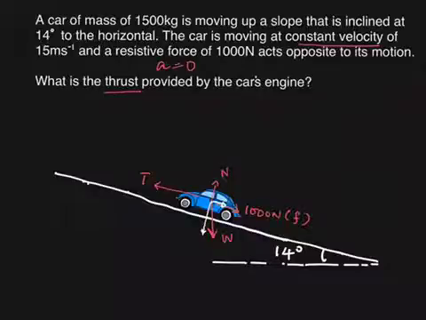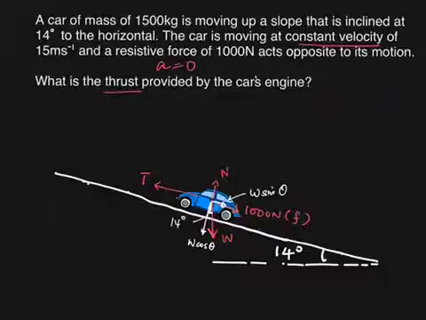Do note that this angle, if you do your trigonometry, is the same as the angle of inclination, which is 14 degrees. And if you get your trigonometry right, the component here is W cos theta, and the component here is W sin theta. So, what we have here are the components of weight, which have been resolved along the slope.